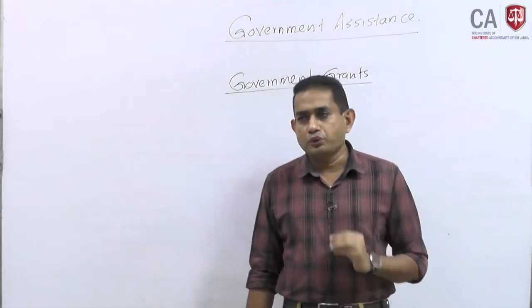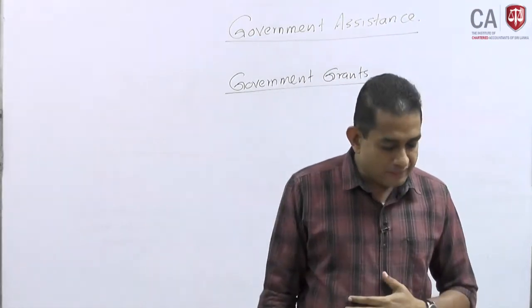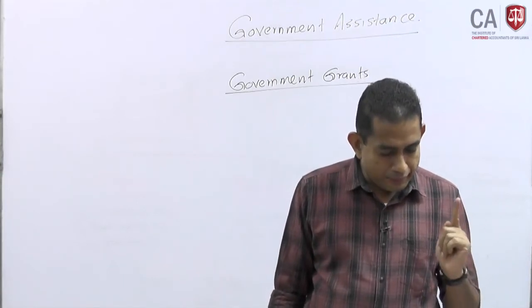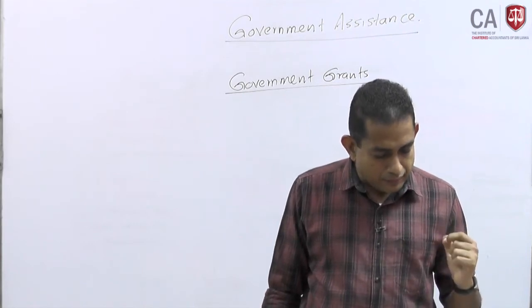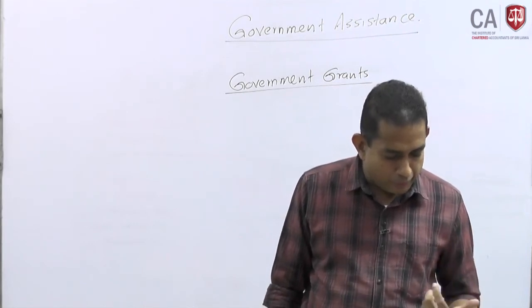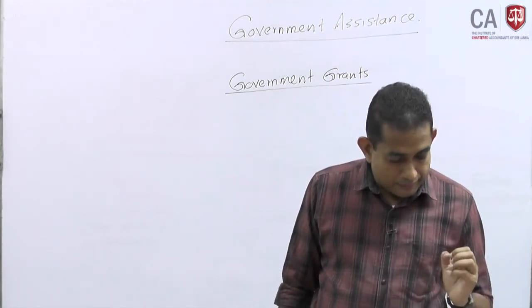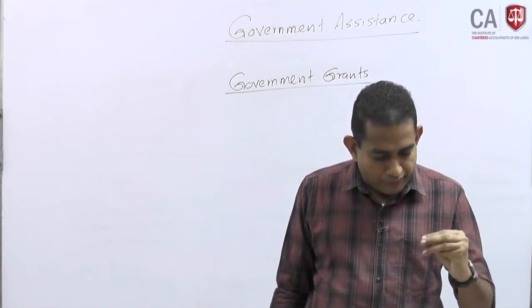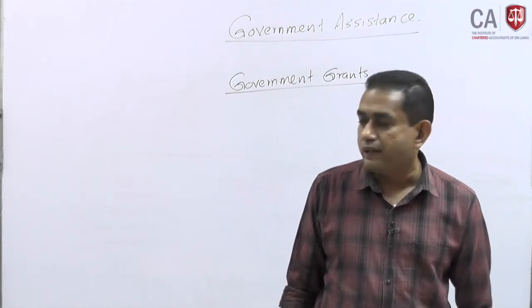I just forgot to explain one small important thing in government assistance. If you look at the definition of government assistance, the last requirement for something to be a government assistance says: economic benefits specific to an entity or range of entities qualifying under certain criteria.